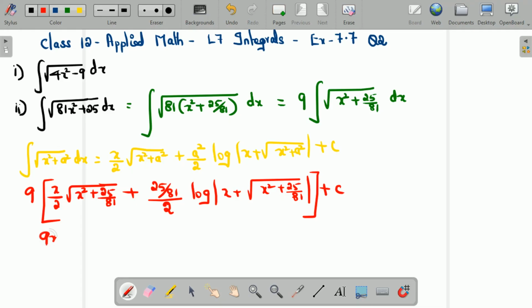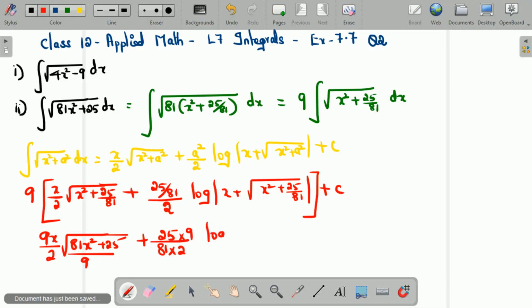So this is 9x by 2, and here I am taking an LCM. So this will become 81x squared plus 25. Now divided by root 81, I am putting that, so this root 81 as 9 plus this will become 25 by 81 into 2, and remember there is a 9 here. Either way we're going to multiply and cancel, so I'm writing it in this style.